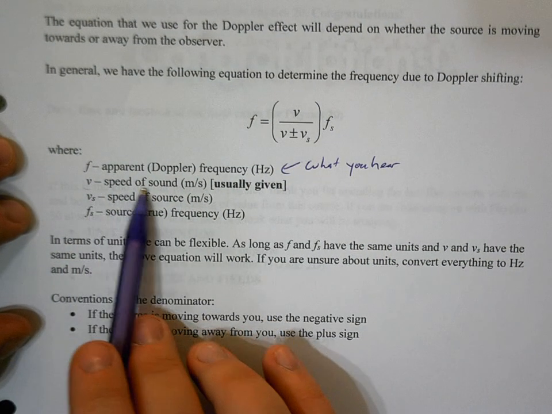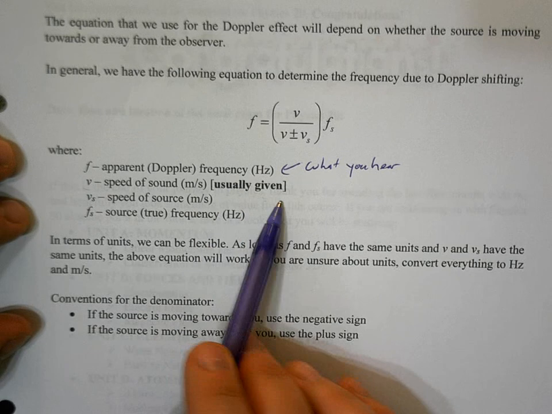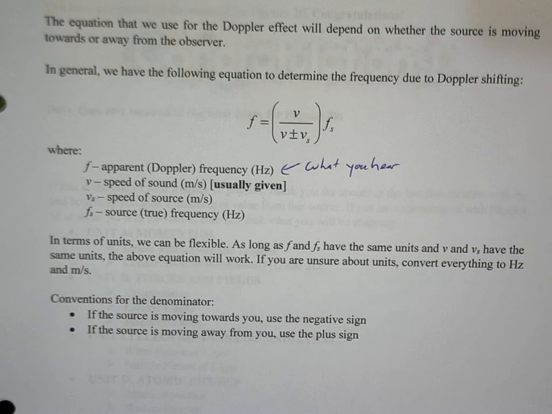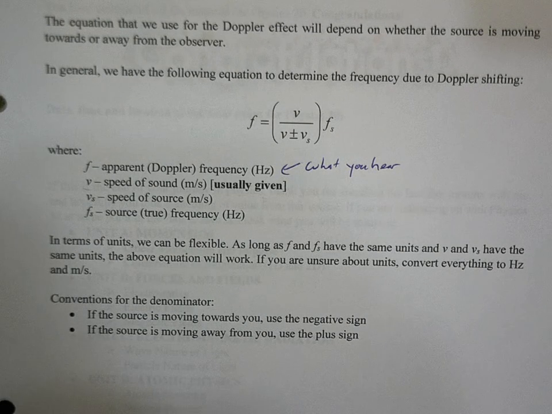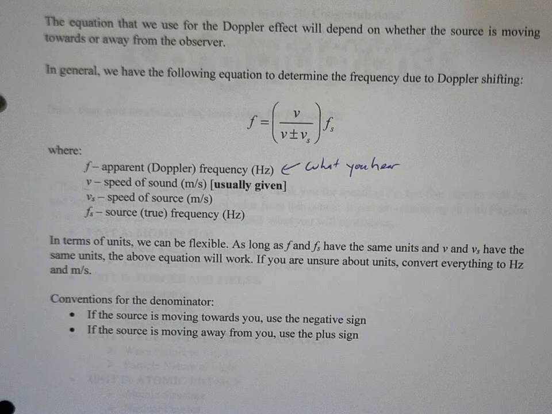V without the subscript is going to be the speed of sound. This is usually given. Expect it to be in that 340 meters per second ballpark. Vs is going to be the speed of the source in meters per second. And then Fs is the source frequency or the true frequency. So for example, with the police car moving by, if on the siren it says, yep, this has a frequency of 10,000 hertz, that's what we call the true frequency.